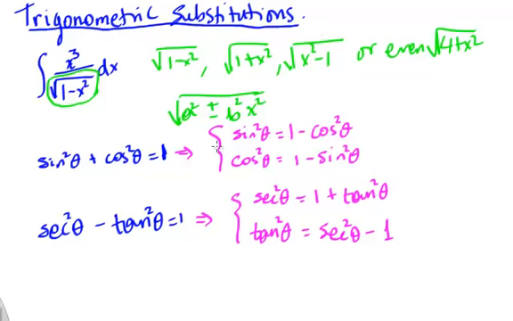Okay, so let's see an example to illustrate that. Let's say I have the integral of x over the square root of 1 minus x squared dx to do. This is a relatively simple integral.